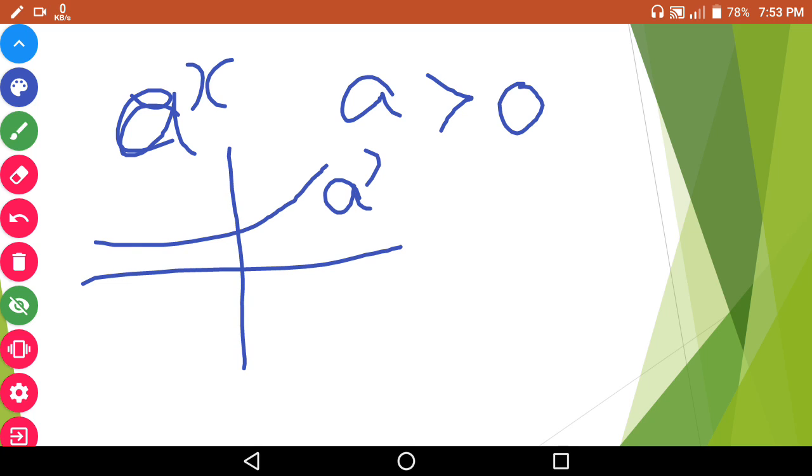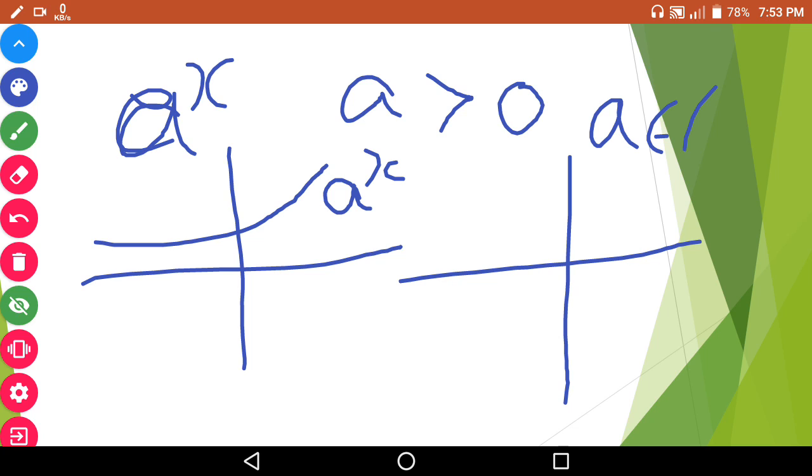But if a belongs to 0 to 1, then the graph will be like this, a raised to x decreasing.